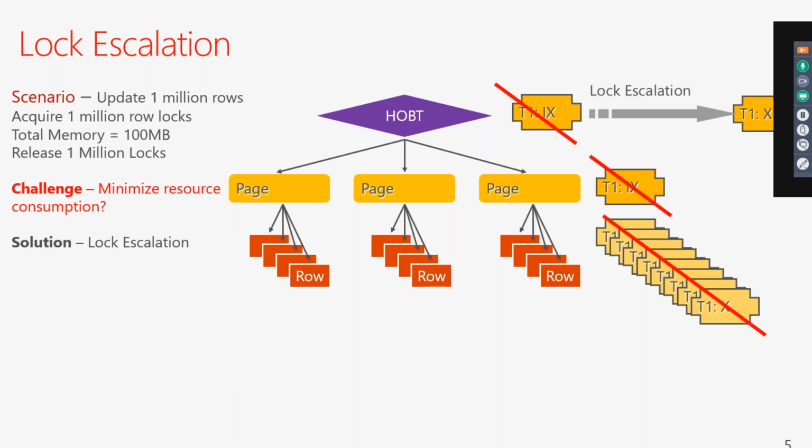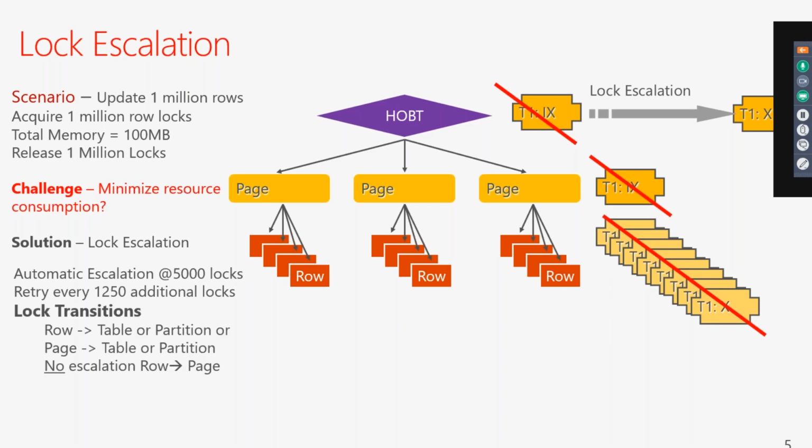So the rule is lock escalation. If lock escalation succeeds, that's an important point, it does not have to succeed, then we will release all these locks, and then take the lock at the table level. So that you can imagine is much more efficient. Now we trigger the lock escalation, and this is actually a confusing statement, but I'll try to make it as clear as possible.